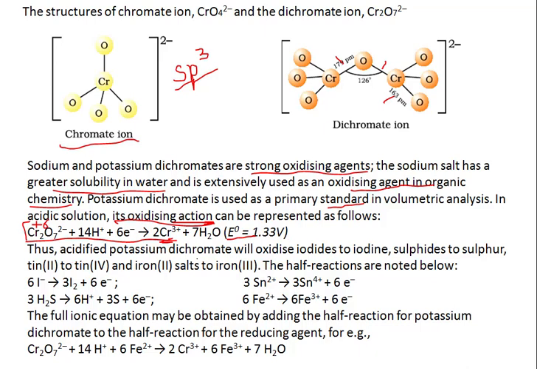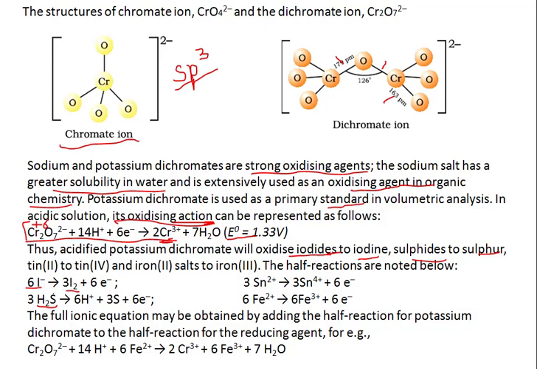Thus it can oxidize. Now 4 reactions are given, and these 4 ionic equations are important. First, iodides to iodine: in the first equation, 6 iodide ions are changed into iodine plus 6 electrons. In the same manner, sulfides to sulfur: in the second equation, H2S gives 6H positive plus 3 sulfur atoms.